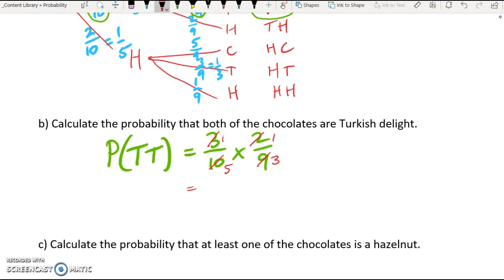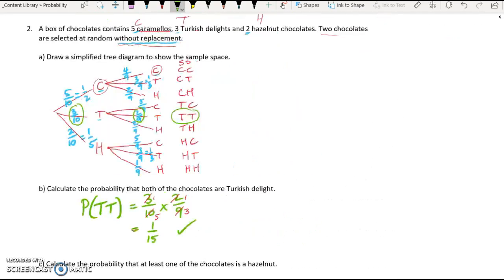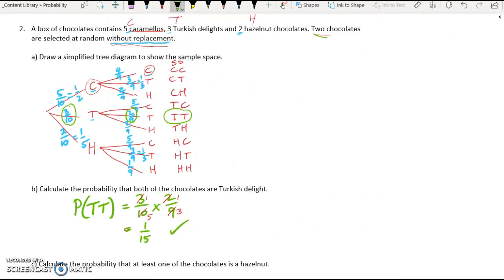And then it's these simpler numbers that we can multiply. 1 times 1 is 1, and 5 times 3 on the bottom is 15. So it's a 1 in 15 chance. If you did this picking of 2 chocolates 15 times, one of those times you're going to get both of them Turkish Delight.